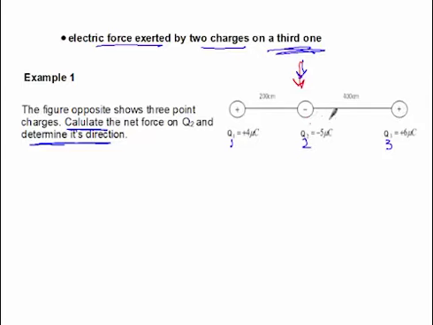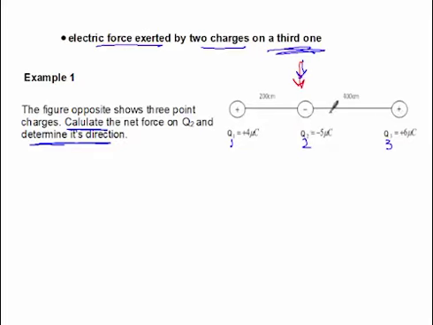Now, Q2 and Q3, they are opposite charges. This is negative and this is positive. Now we are talking about the force on Q2 exerted by Q3. Now Q3, it's going to affect Q2.